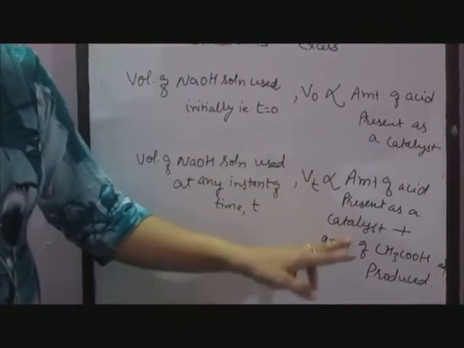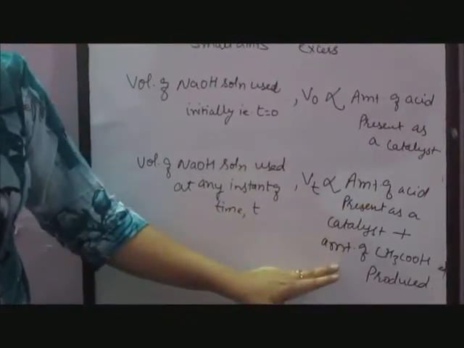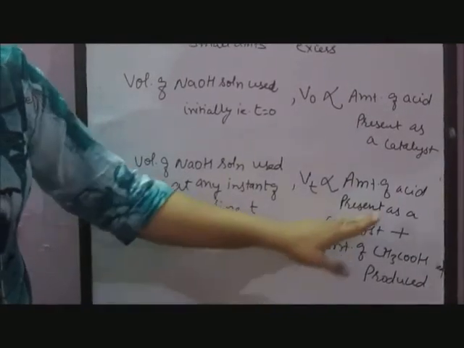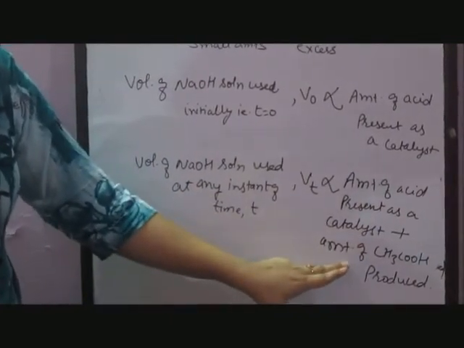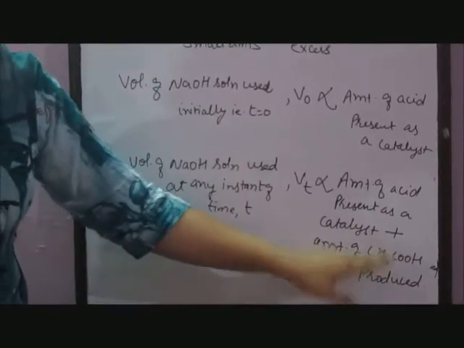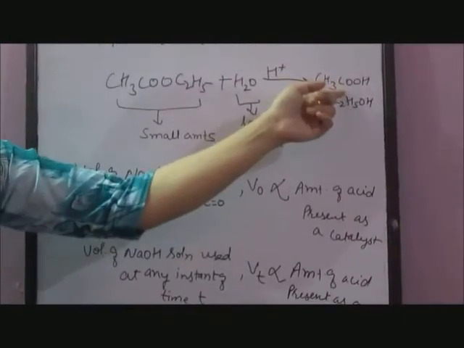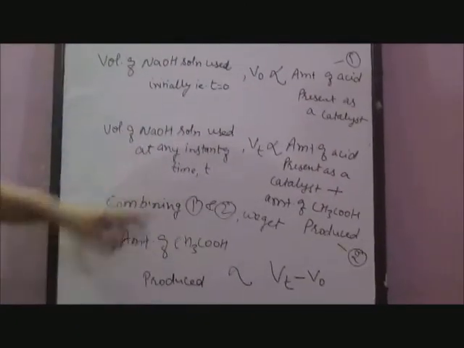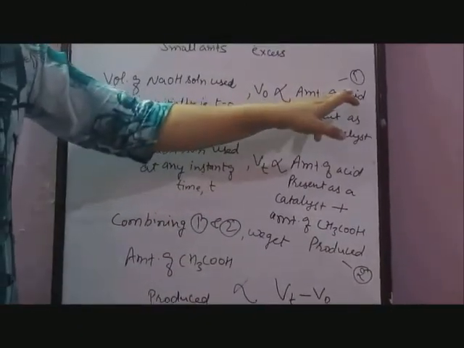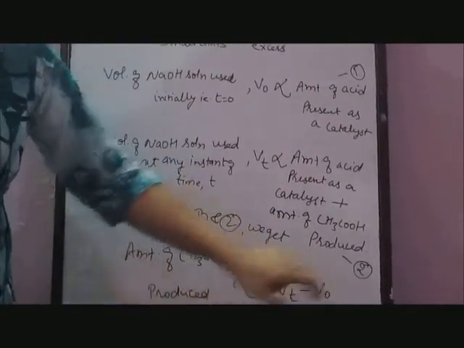Means at this time there are two acids present in the solution. First is acid from catalyst and second is amount of acetic acid produced, that is CH3COOH. This is equation number 1 and this is equation number 2.